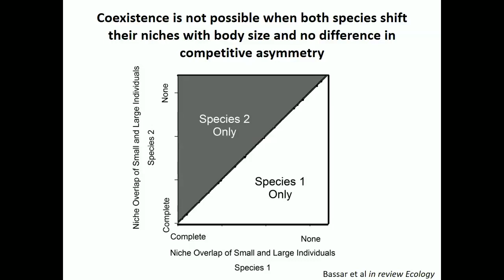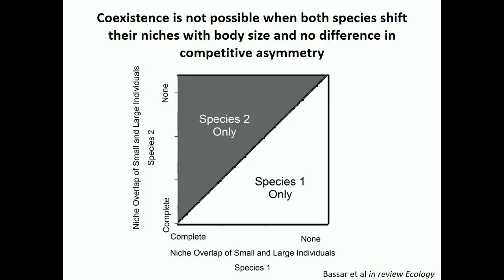So the first result is where there are no differences in size-based asymmetries, but both species can shift their niches to different degrees. So down along here, this is the amount of overlap that you have among different sizes for species 1 and species 2. There's complete overlap between small individuals and large individuals.